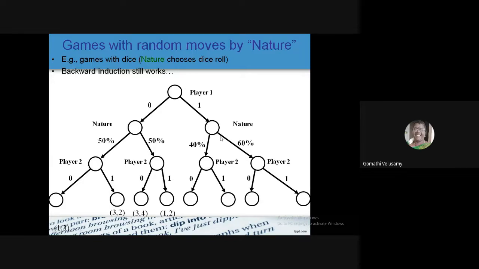Like that the probabilistic score is assigned on the tree path to decide who is the winner of the game. And it is decided either by a fair dice or an unfair dice. Sometimes the dice may be unfair and give more probability of winning to player 1 rather than player 2. Like that it may vary.